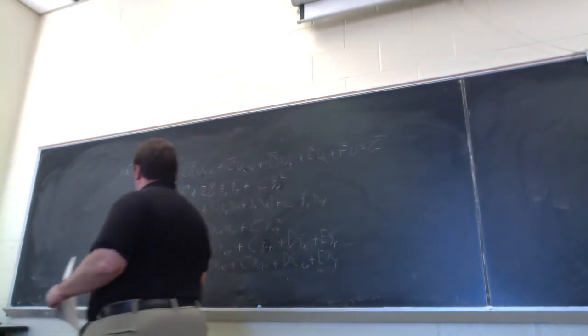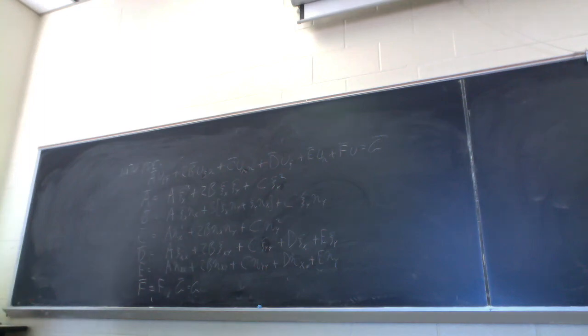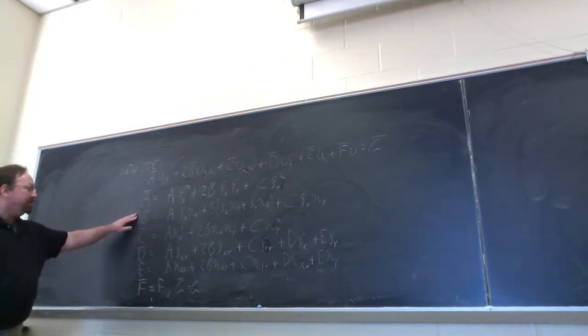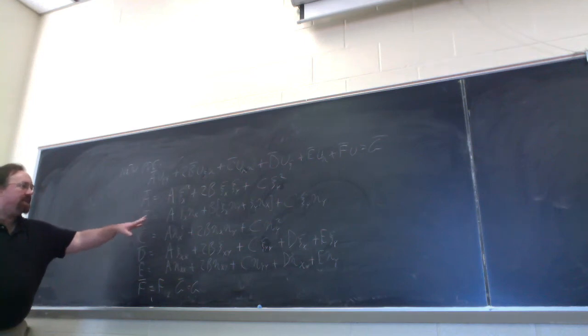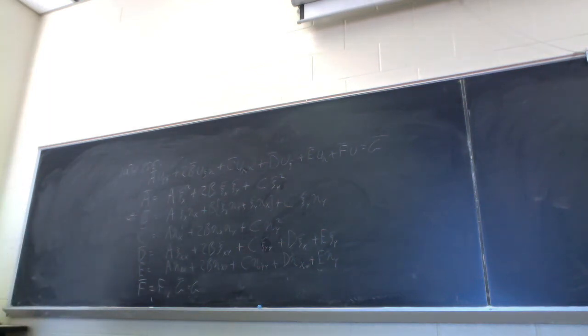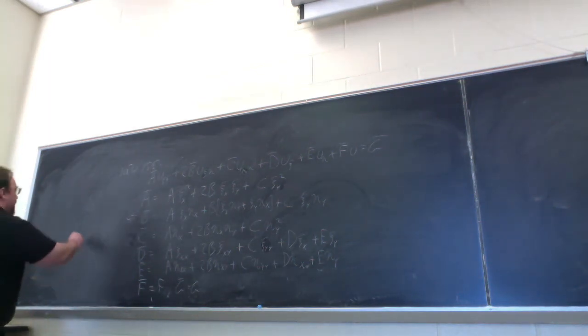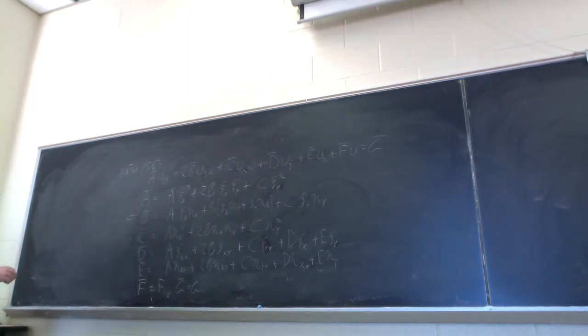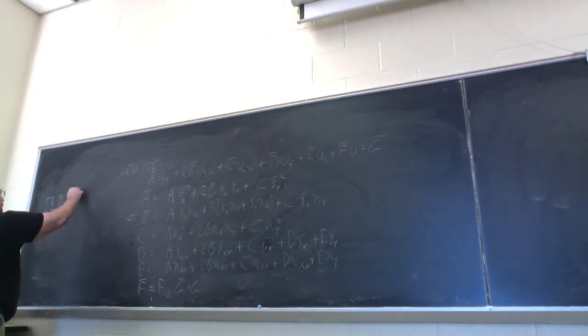I'll stay in this board. If you were to express A bar, B bar, C bar in terms of A, B, and C, but not as I've written them here, but in terms of matrix products, there's actually a relatively simple way to do that. If you arrange them in a symmetric matrix where you have A bar, B bar, and C bar arranged in this way, you can write it this way.